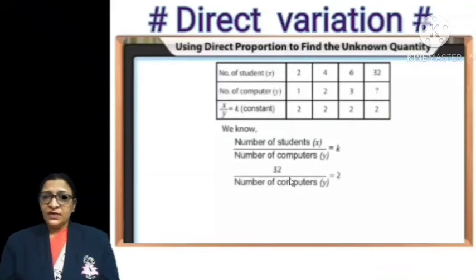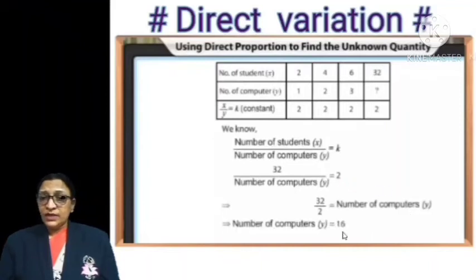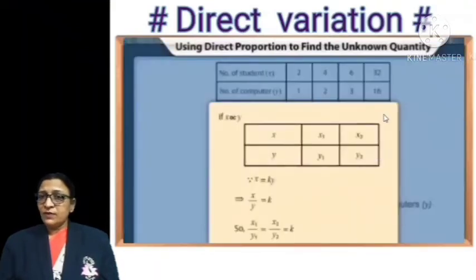So we can represent it as 32 upon the number of computers, which is unknown, is equal to 2. We can calculate this value: 32 upon 2 is equal to the number of computers, that is 16. So for 32 students we require 16 computers, and from the whole discussion we can understand direct variation.